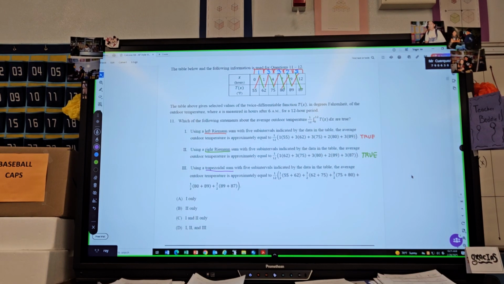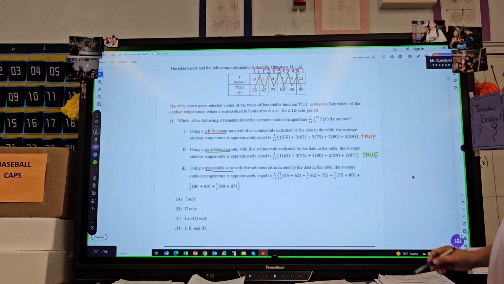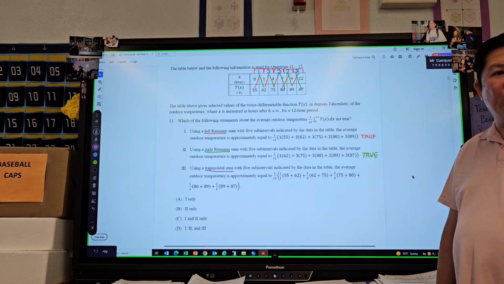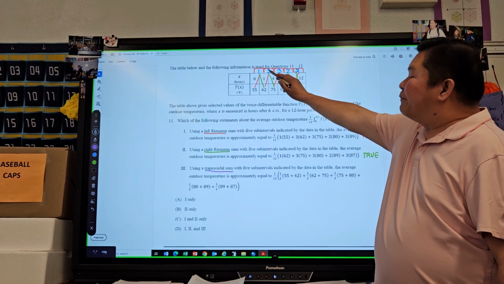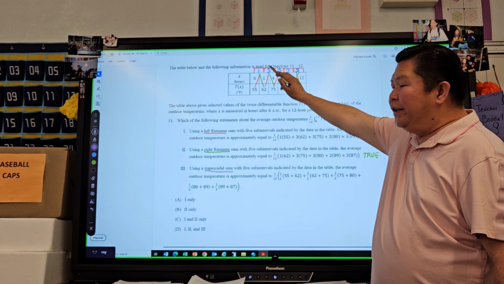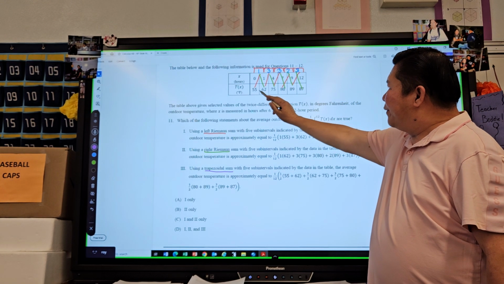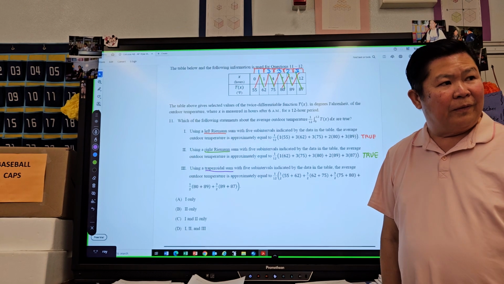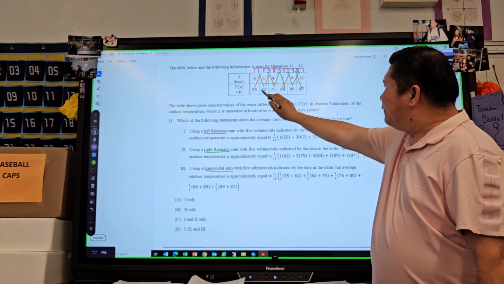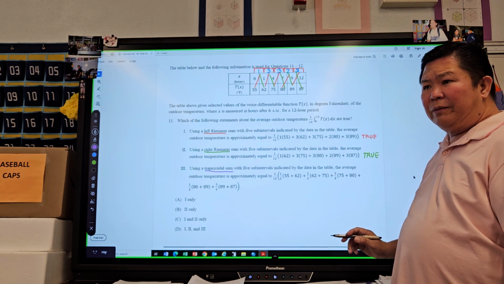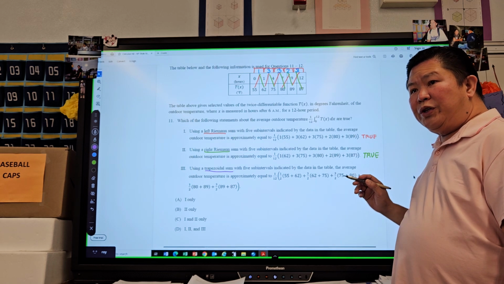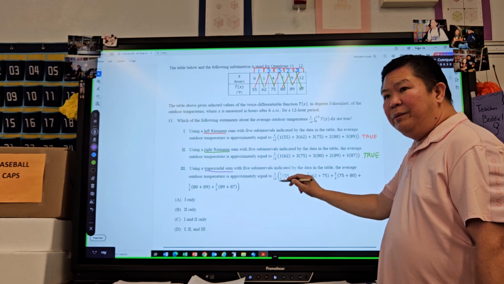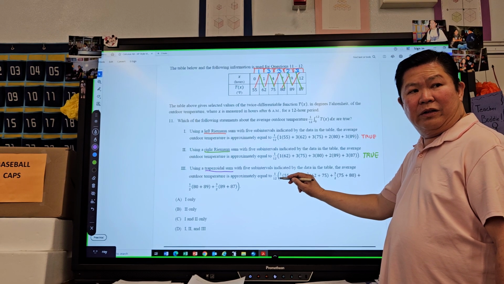So using a trapezoidal sum with 5 subintervals, indicate by the data in the table. So what is trapezoidal? Directly from the height, you're gonna add this divided by 2. Do you get me? So that means 55 plus 62 divided by 2. Or we shall be writing also, aside from 1 over 12, because 1 over 12 is the average.